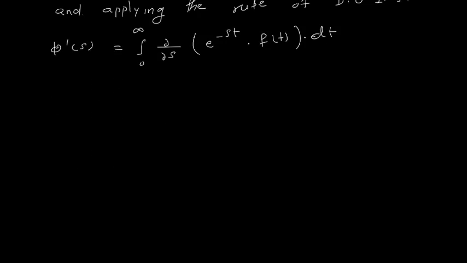So the derivative of e power minus st, it is 0 to infinity, we will get minus t into e power minus st, because the coefficient of s is minus t, so minus t into e power minus st into f of t dt. This is phi dash s.